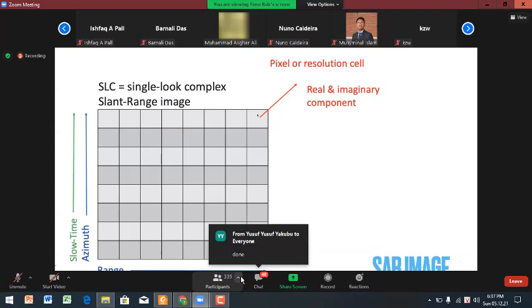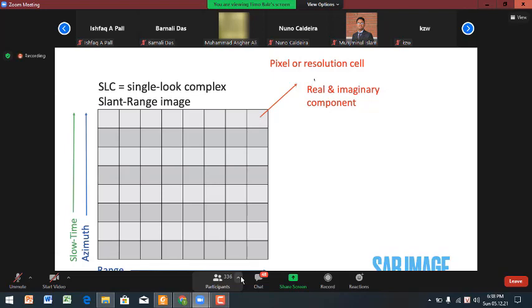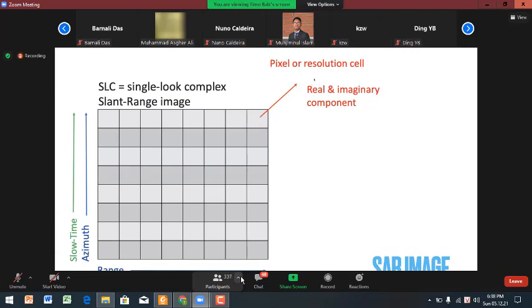The best definition of the difference that I know and try to use is that in the SAR image, this is a pixel, and the resolution cell describes the area represented by that pixel on the ground. But clearly we sometimes use them interchangeably, so just so that you know the words pixel and sometimes resolution cell.